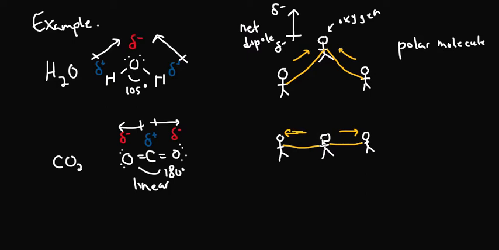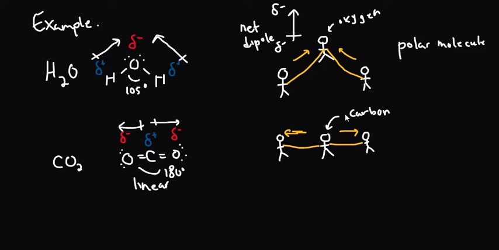So what happens to, again, this central atom, which now in this case is carbon? This carbon is going to be counterbalanced, right? Because this oxygen is pulling, and they're pulling at the same strength because it's the same bond on both sides.